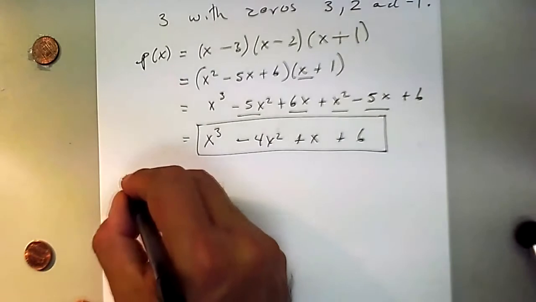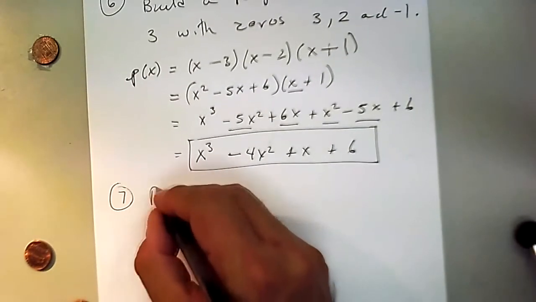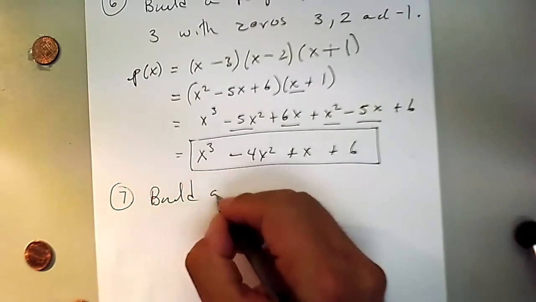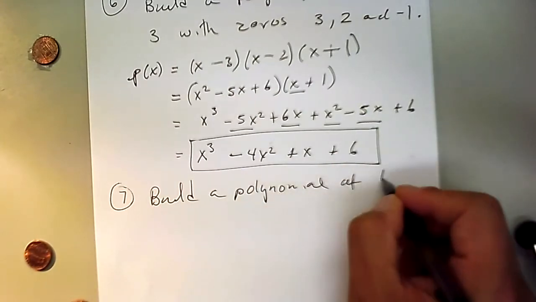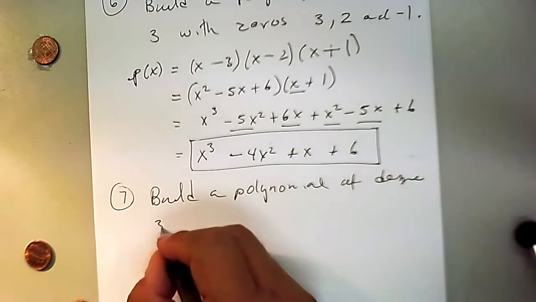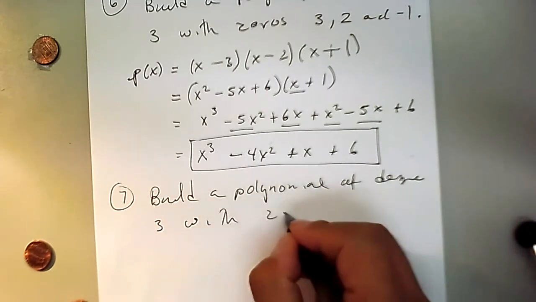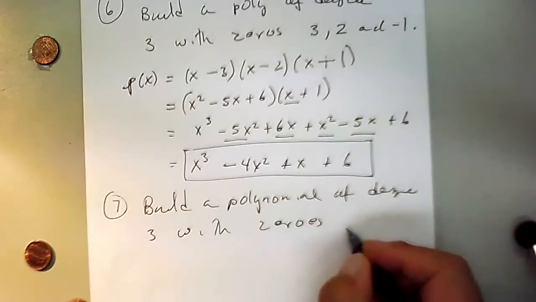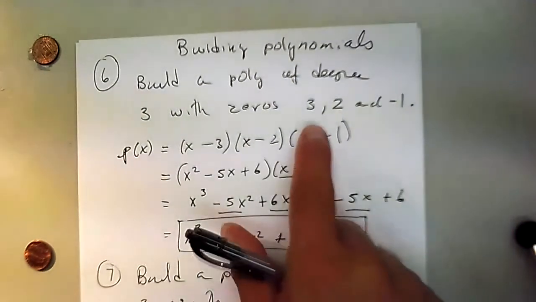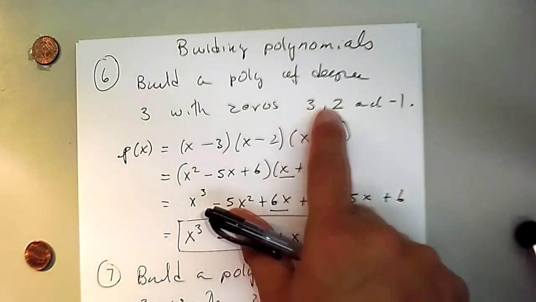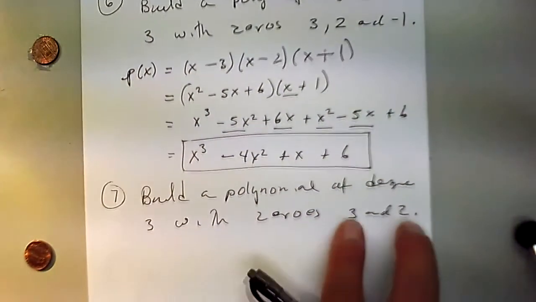Example 7. Build a polynomial of degree 3 with zeros 3 and 2. So instead of providing 3 numbers, now we got 2 numbers.